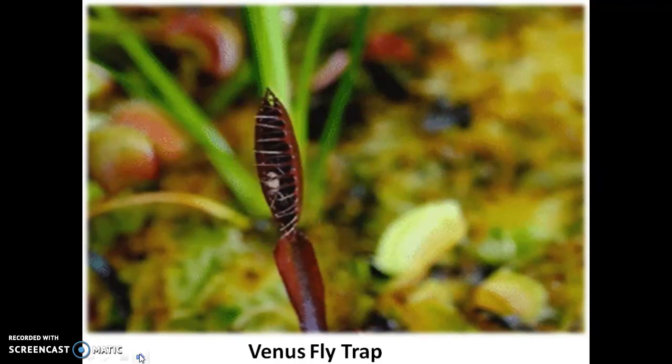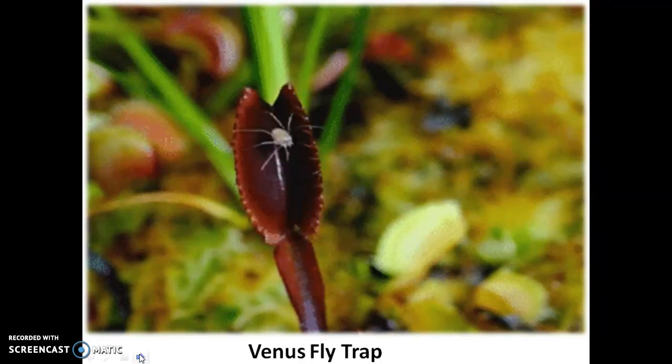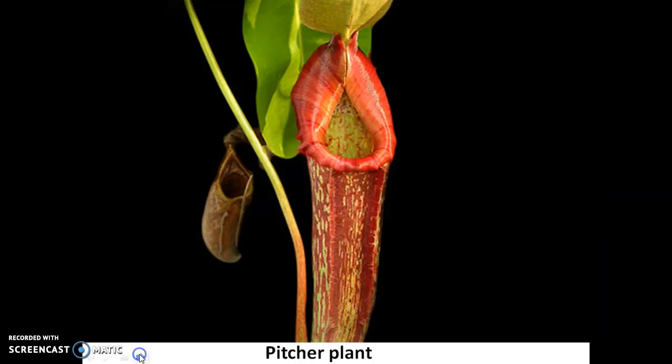And now let's see how a pitcher plant traps insects inside it. So this is an image of a pitcher plant. The above portion that you can see here is called its lid, and the rest of the portion that you can see here is called its leaf, which is modified into a pitcher-like structure.